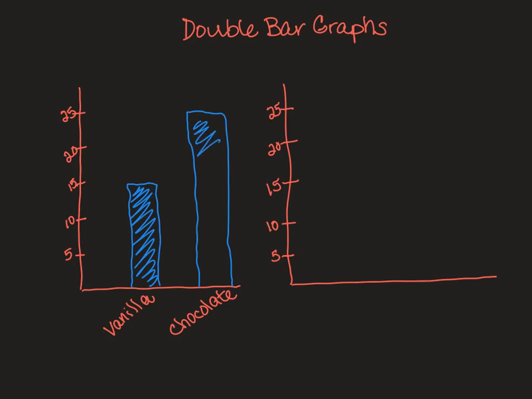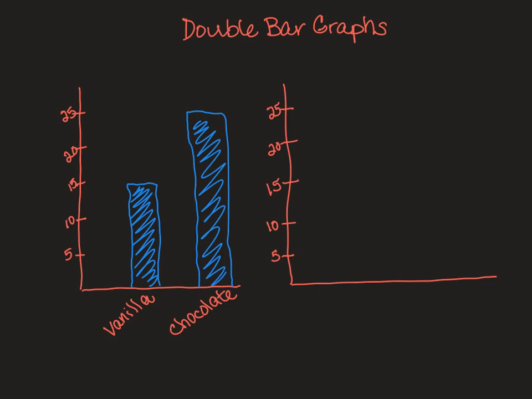Chocolate's obviously more popular. So I find out that there's 15 kids who like vanilla and 25 kids who like chocolate.